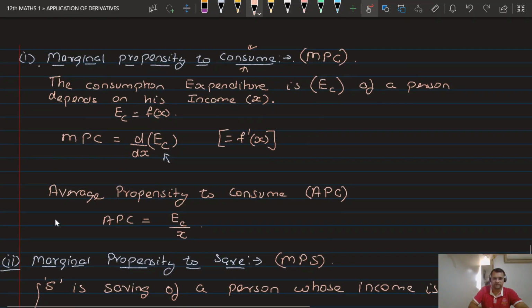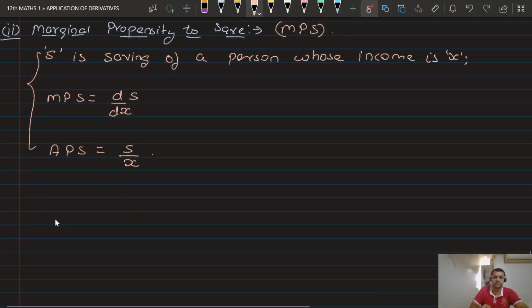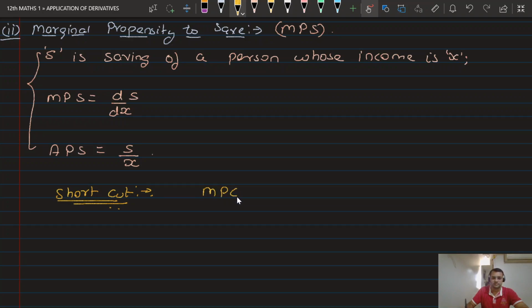With the help of MPC and APC, we can directly get the value of MPS and APS with the help of a small shortcut. So what is the shortcut? Let us see. We say that MPC plus MPS is always equal to 1.